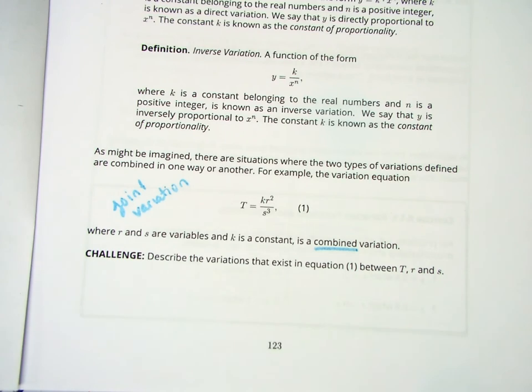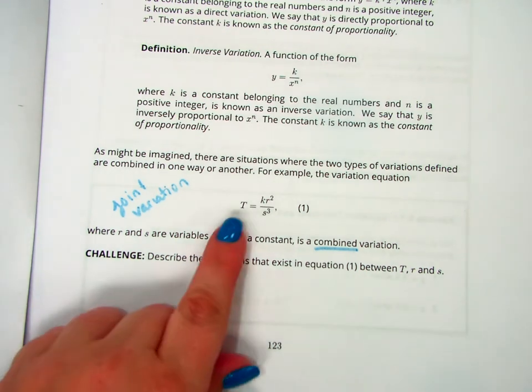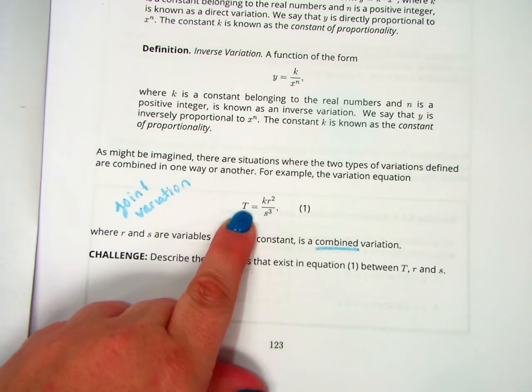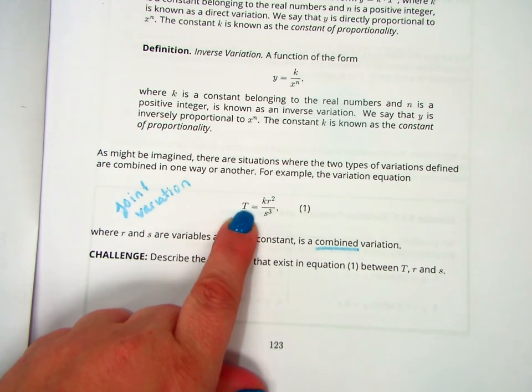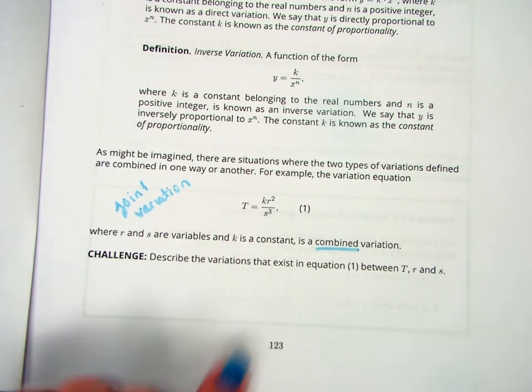When it says to describe the variations that exist between t, r, and s, there's lots of different things we could say. We can say t varies directly with, what variable is it directly varying with? R or s? Directly. S is in the denominator. If we want directly, we want the one that's multiplied to k. So that would be r.